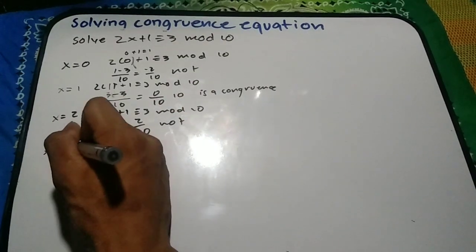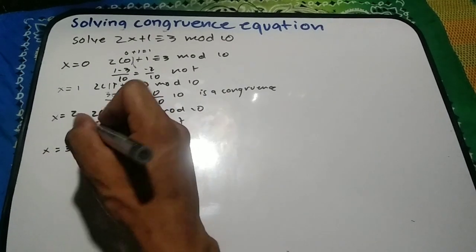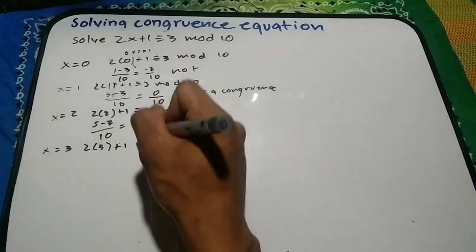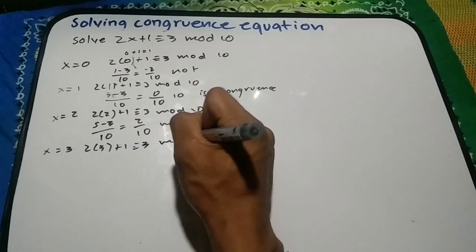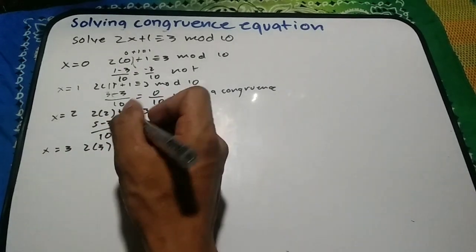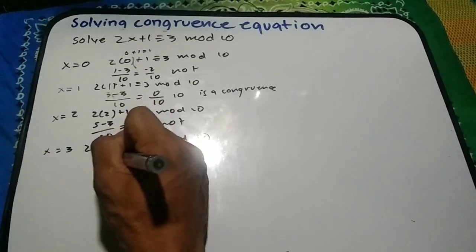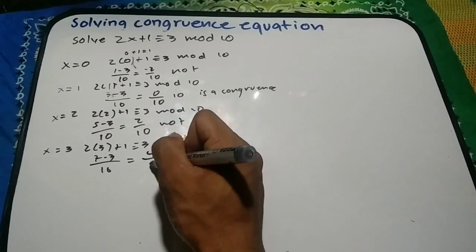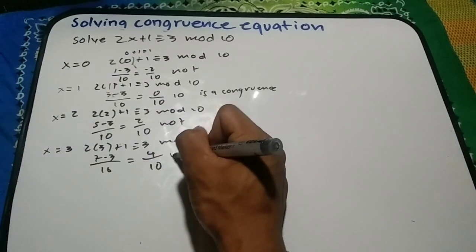If x equals 3, 2 times 3 plus 1 congruent to 3 mod 10. 2 times 3 is 6, plus 1 is 7, minus 3 is 4. 4 divided by 10 is not a solution.